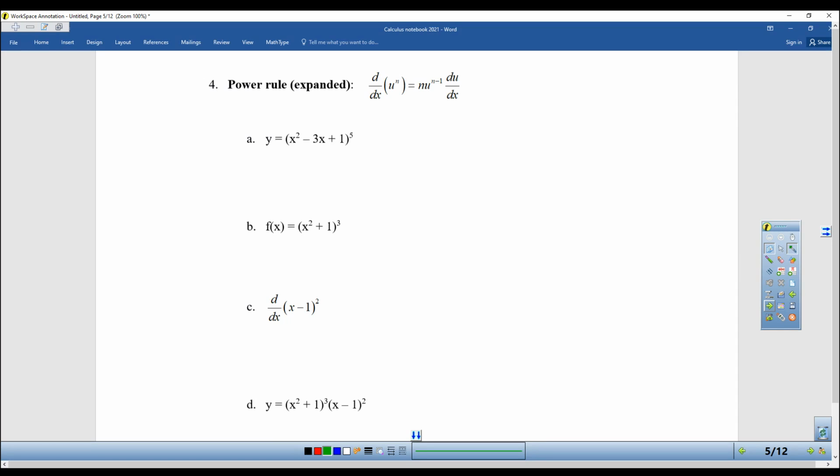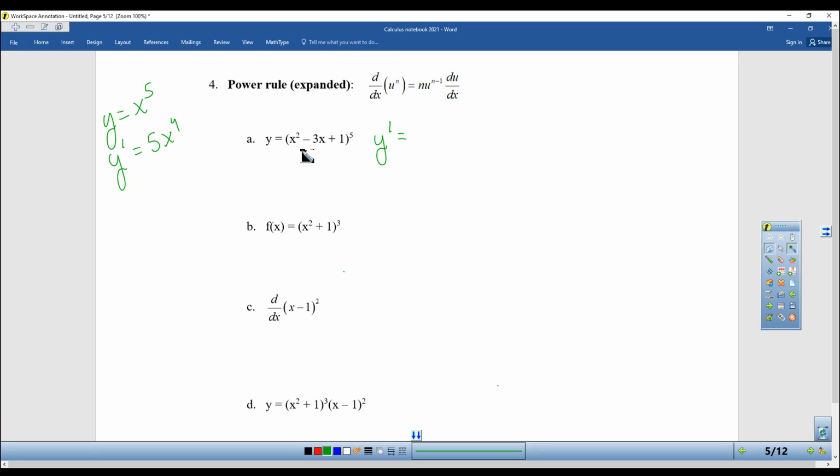All right, power rule expanded. So what this means is when you want to take the derivative, not just of x to the 5th, so if I gave you y is equal to x to the 5th, well, then you know that y prime is 5x to the 4th. So now we're going to expand that concept.